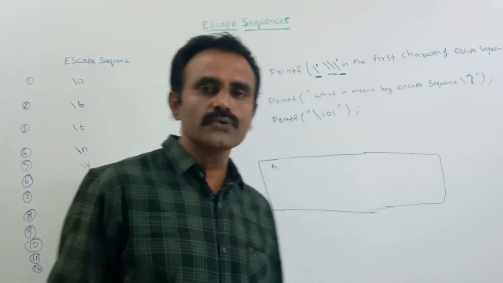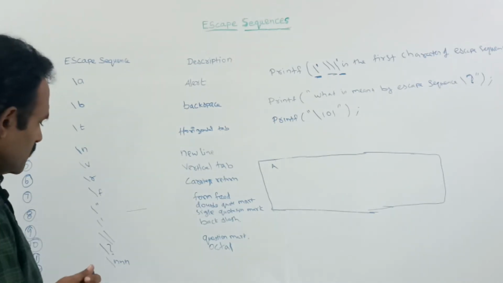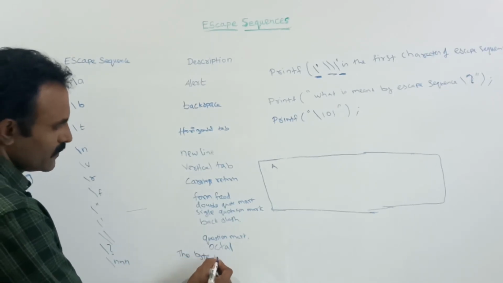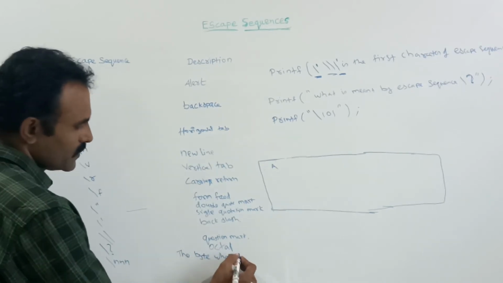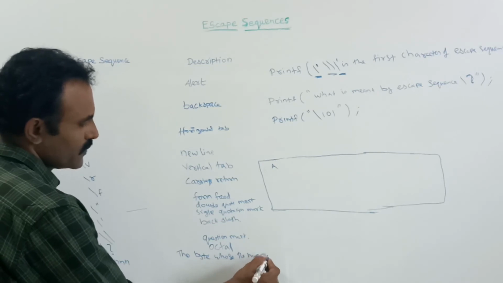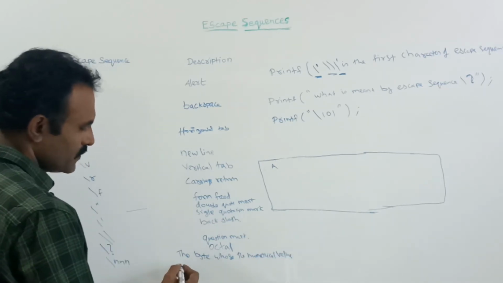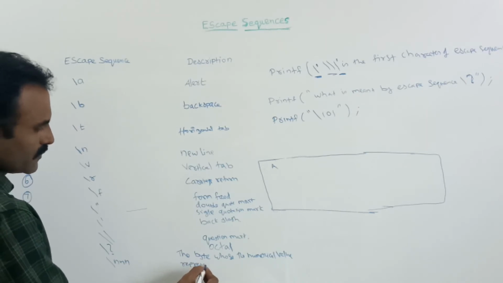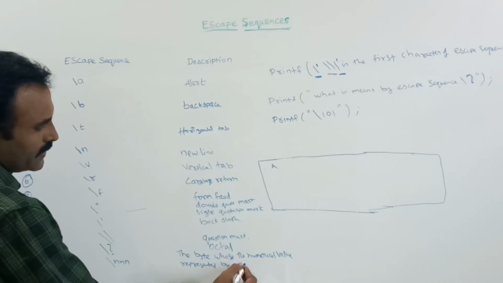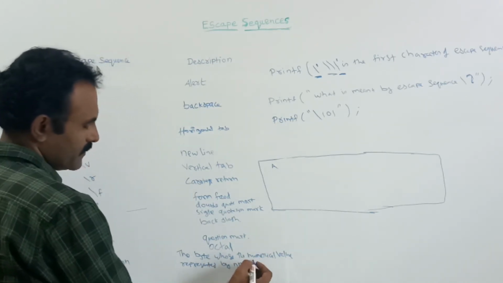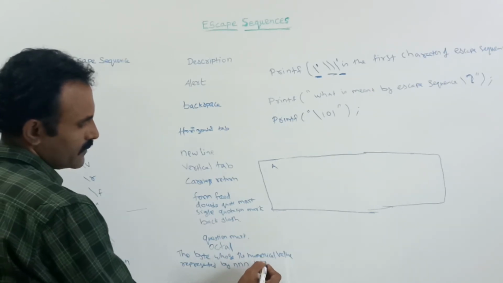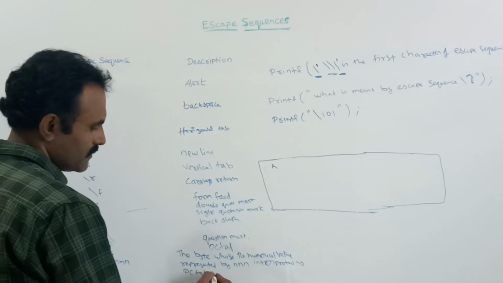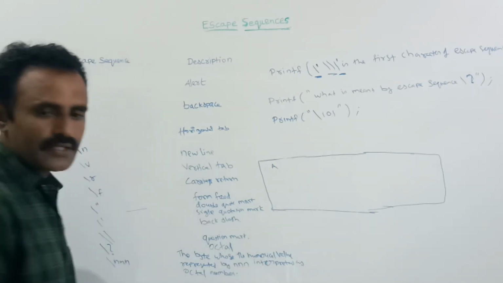See here, for slash n, the byte whose numerical value is represented by n is interpreted as an octal number.